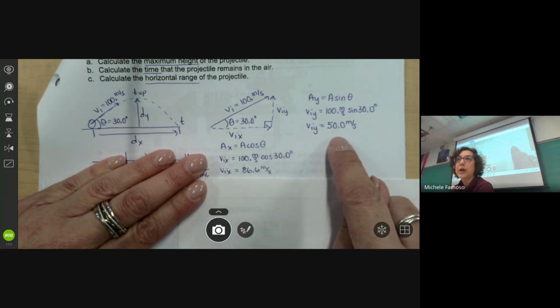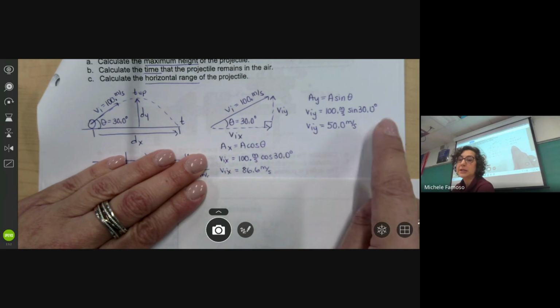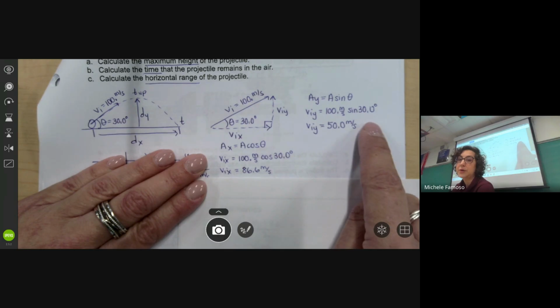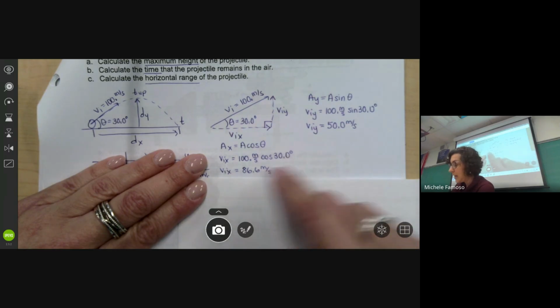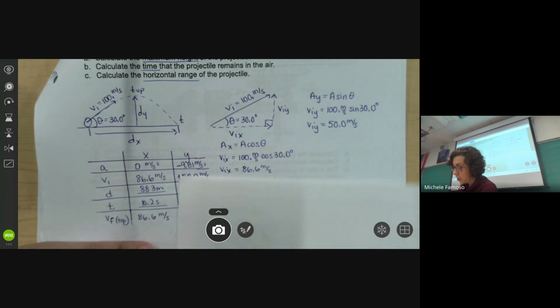In the vertical direction, you should have used Ay as A sine theta, 100 meters per second times the sine of 30.0 degrees. And that gives you an initial vertical velocity component of 50.0 meters per second with the sig figs.